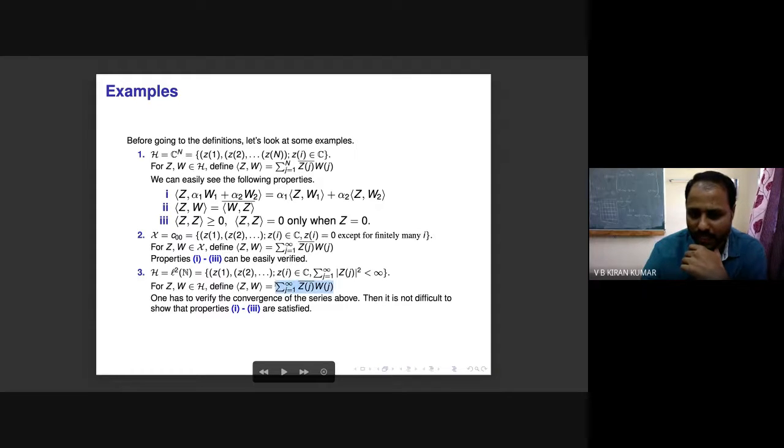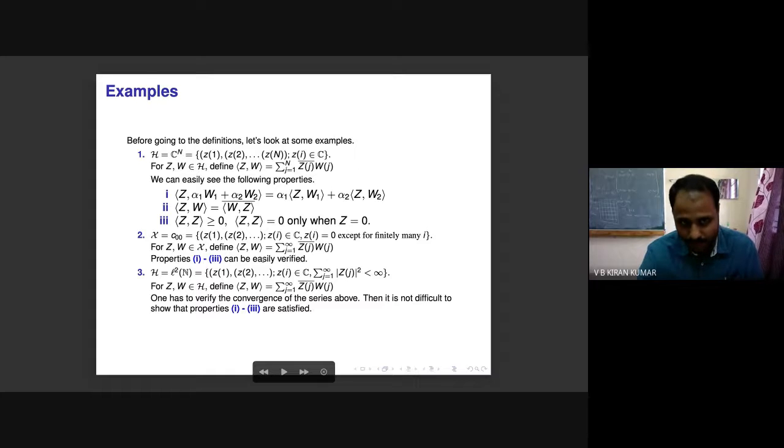Now this makes sense because if you put an absolute value here, then you can apply Hölder's inequality, which we discussed in the last couple of days. Then this will be bounded by the summation of mod Zj squared into the summation of mod Wj squared, which is finite because Z and W are coming from L2. Therefore, this is an absolutely summable series. Hence the convergence of this series can be easily verified. So this is the inner product which we define. All other properties are trivial to observe.